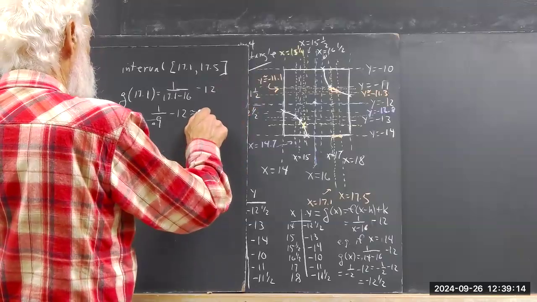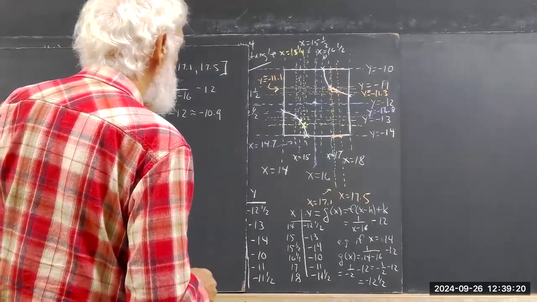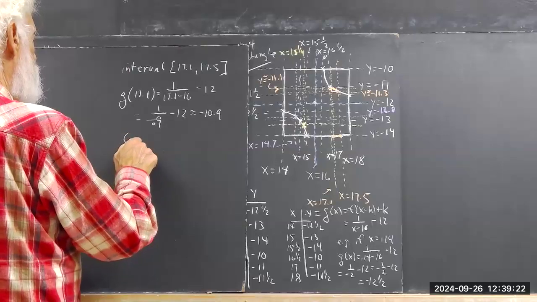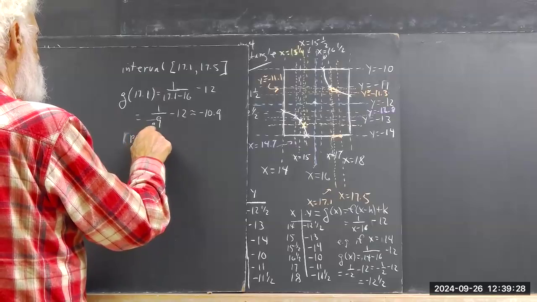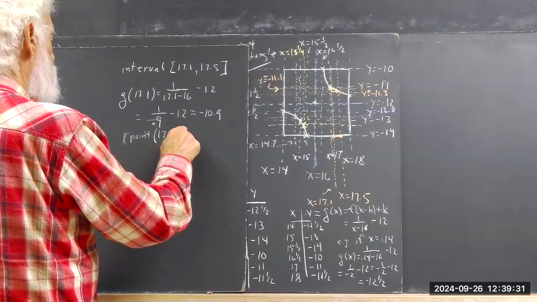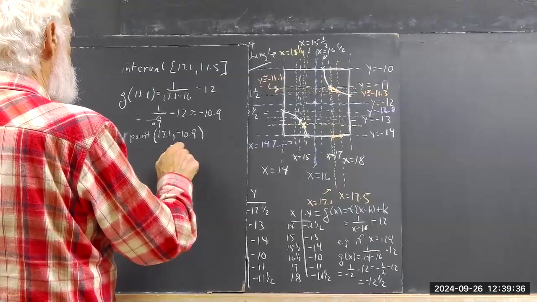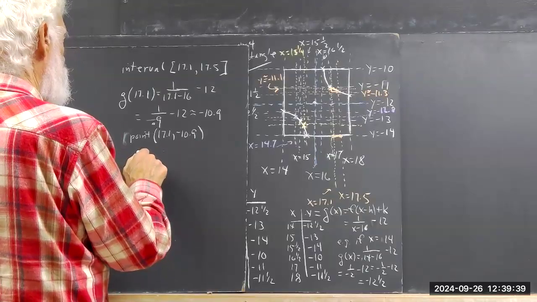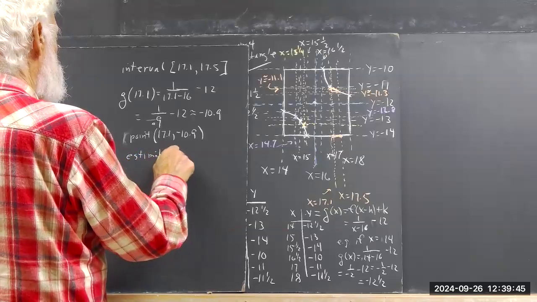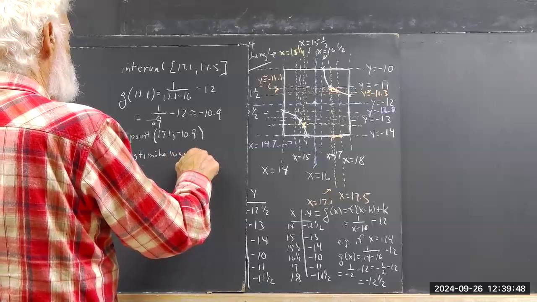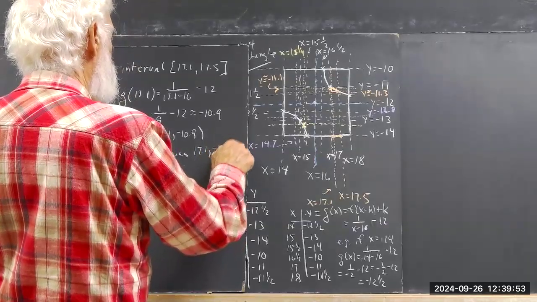So the estimate wasn't great. The estimate was 17.1, negative 11.1.